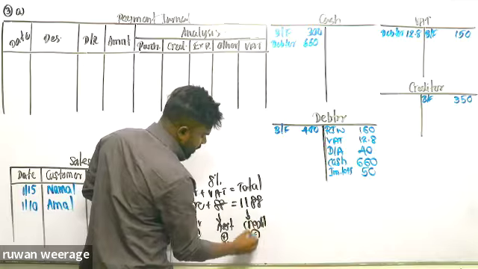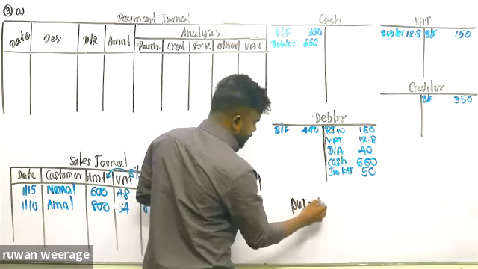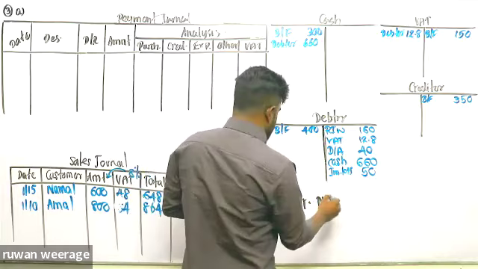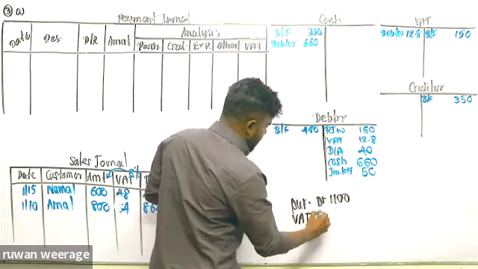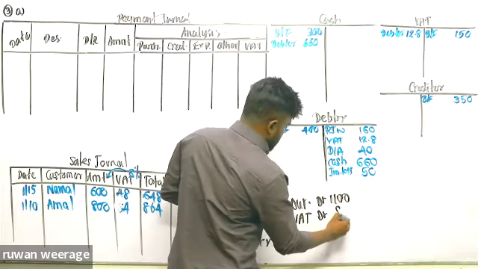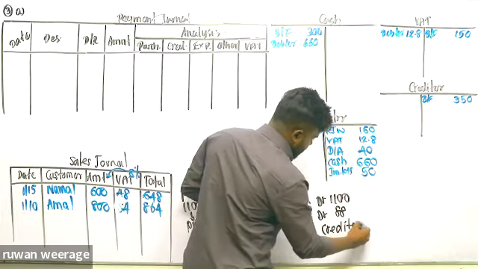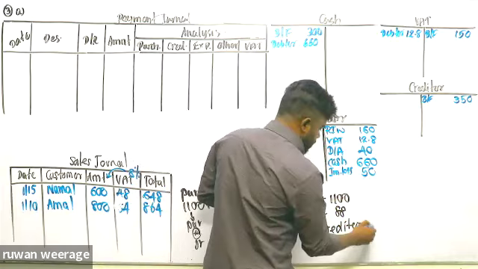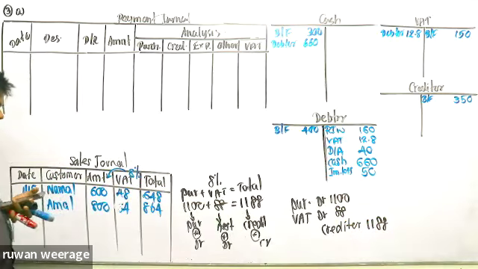Creditor balance increased by credit. Purchase debit 1,100. VAT debit 88. Creditor credit 1,188. This is the double entry for the credit purchase.